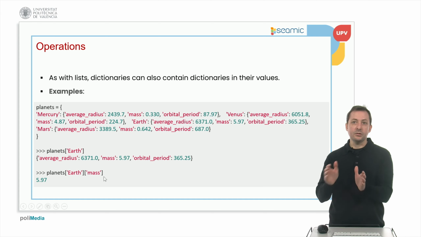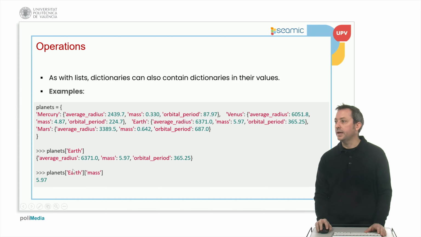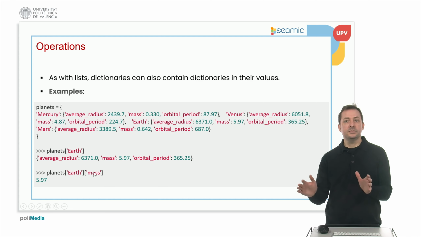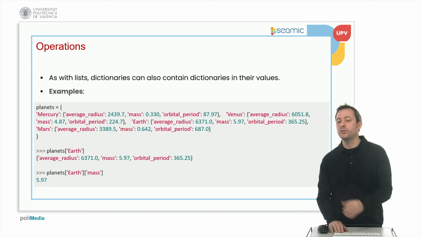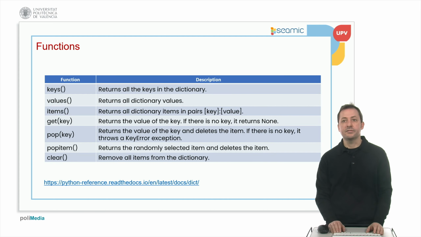And this can be carried out by concatenating another indexing operator. So, if this returns this dictionary, we can perform this indexing in order to retrieve the value of mass, that in this case will be this one. So, depending on the value that we have in each item, we could perform this operation in a different way.